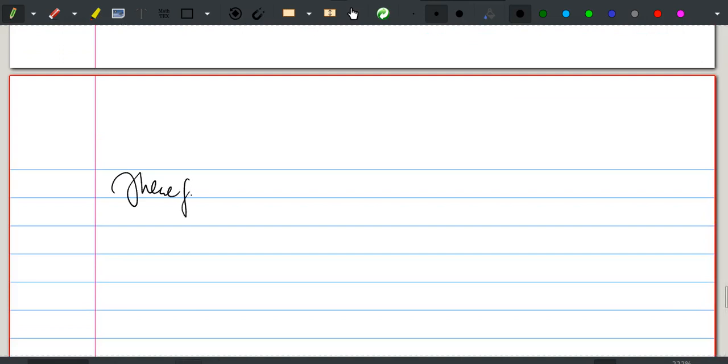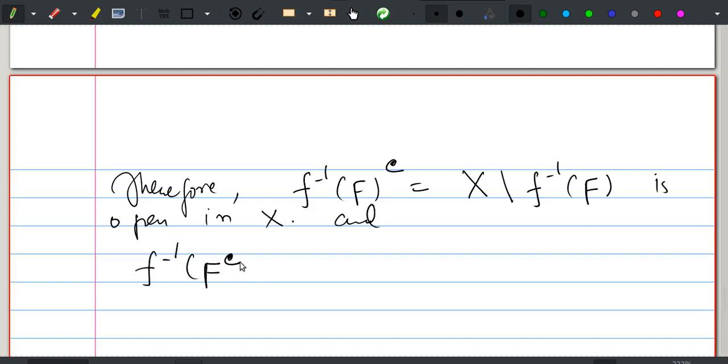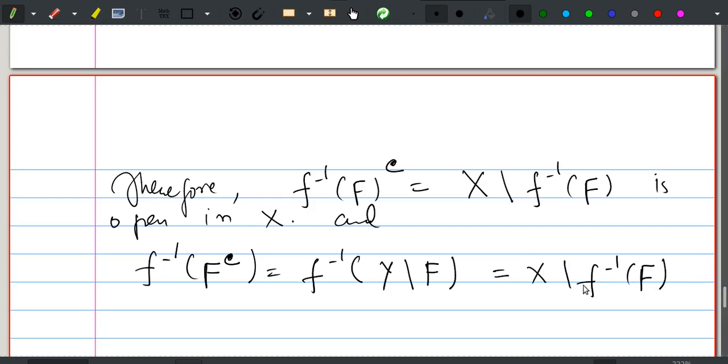Therefore f inverse F complement, which is equal to f inverse of Y minus F, which is the same as X set minus f inverse of F, is open in X.